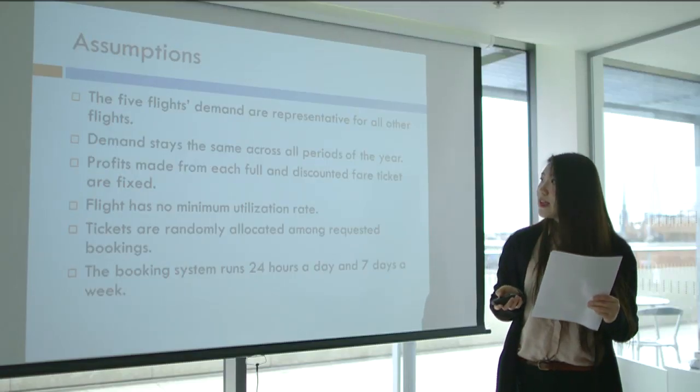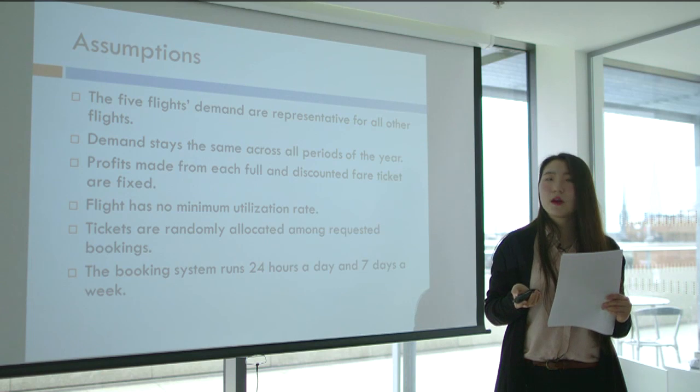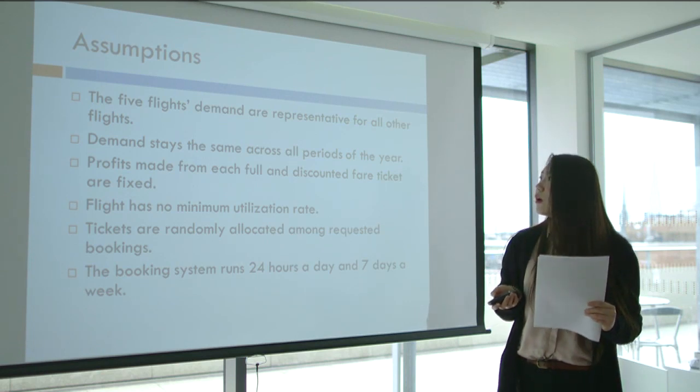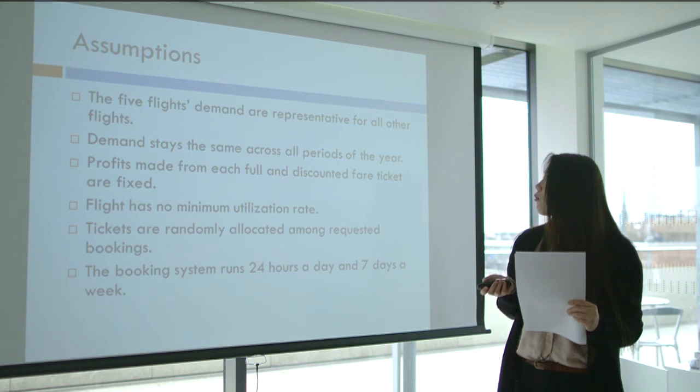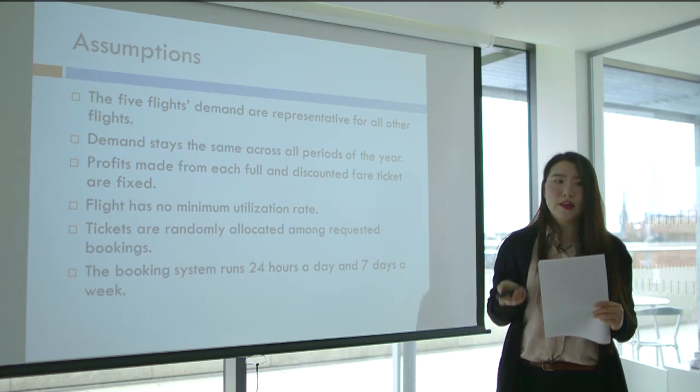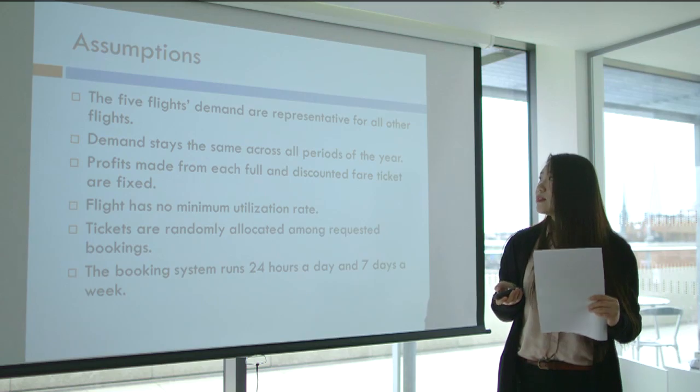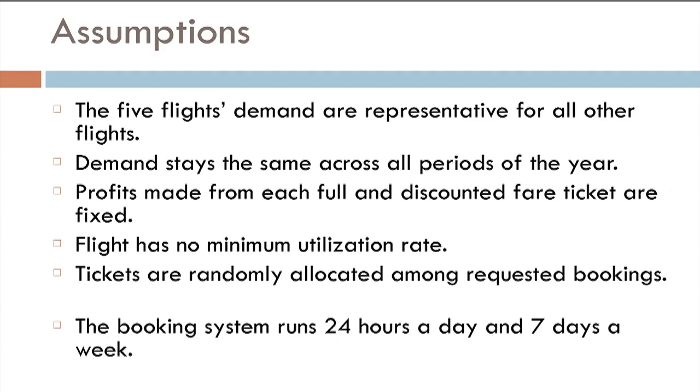Before we establish the model, there are several assumptions that need to be made. The first one is that we assume the 5 flights' demand is representative of all flights, which means we set the demand level for each flight approximately the same. The second assumption is that demand stays the same across all periods of the year.